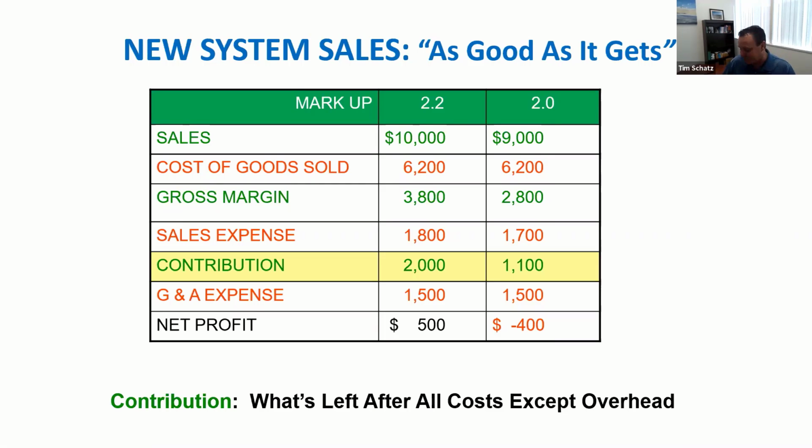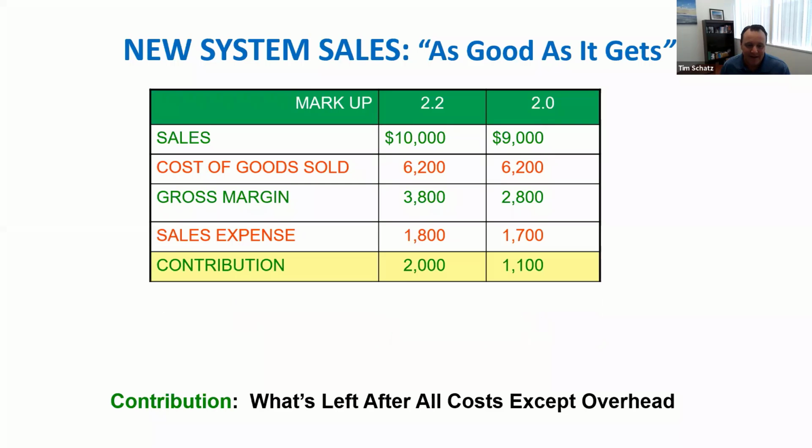So it kind of is a trick question because your overhead is fixed, is it not? If I look at this as a single transaction, I really want to look at contribution because, okay, on this one deal, I have $1,100 that I didn't have before, correct? I have $1,100 to throw towards my overhead. You as the owner might say, it's a little lighter than we would like to have, but I'll still take it.